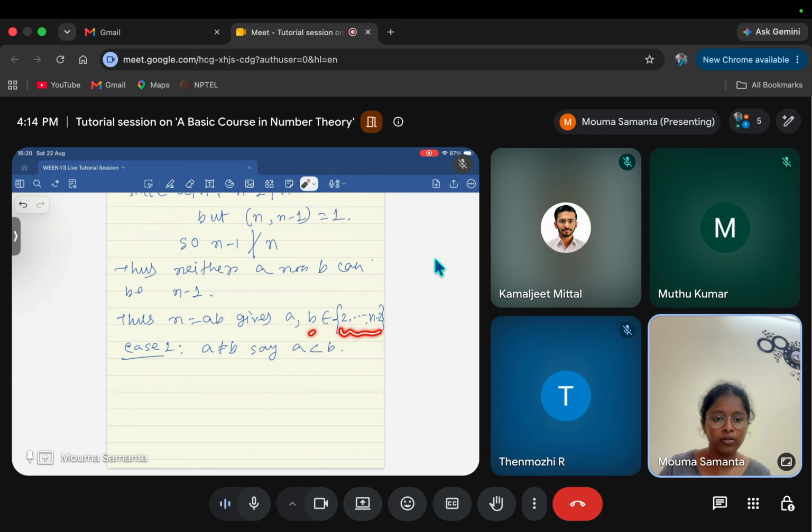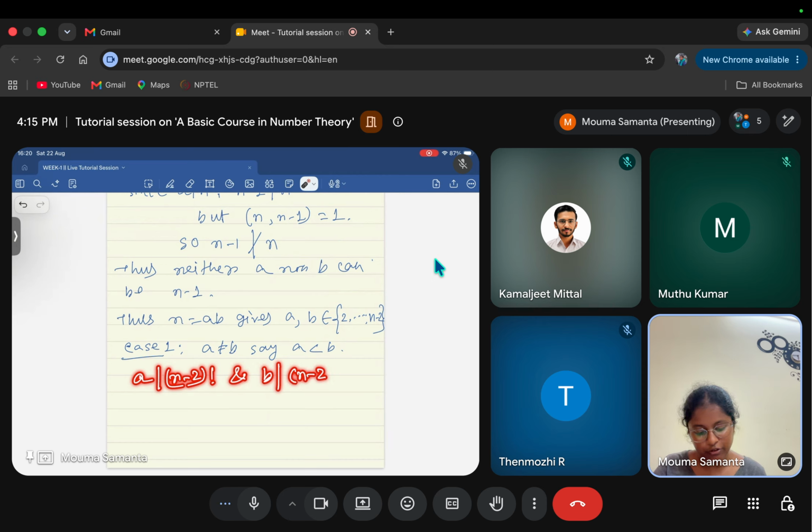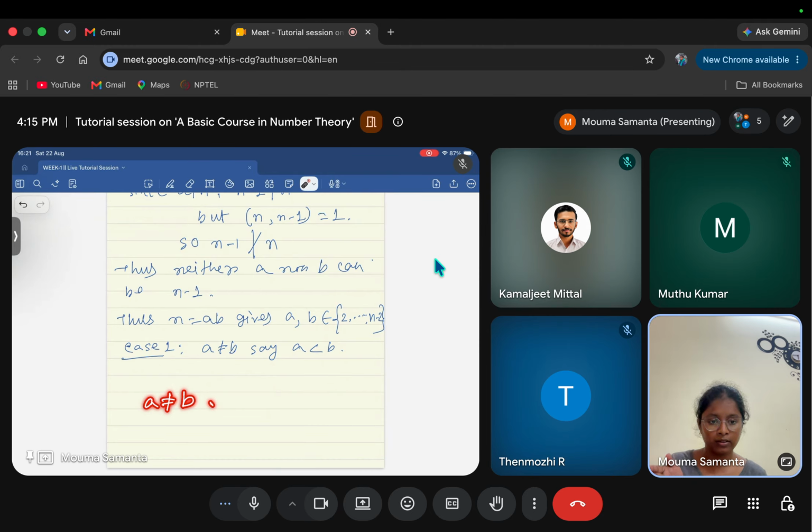So can we say a divides n minus 2 factorial and b also divides n minus 2 factorial? Since a and b are distinct, both of them appear in the product 2 up to n minus 2, that means n minus 2 factorial.